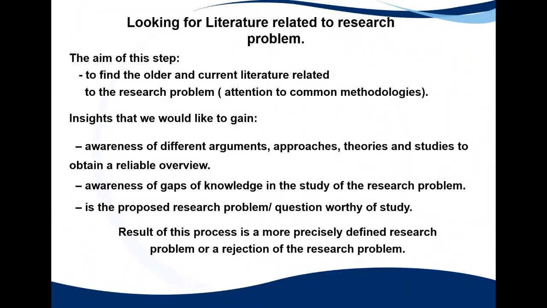Older, current literature, striking a balance, trying not to focus more on dated literature, again, trying to be intentional in how you choose your literature, right? Yes, this is a paper that was published in 1974, but it actually speaks directly to the research problem that I have, right?